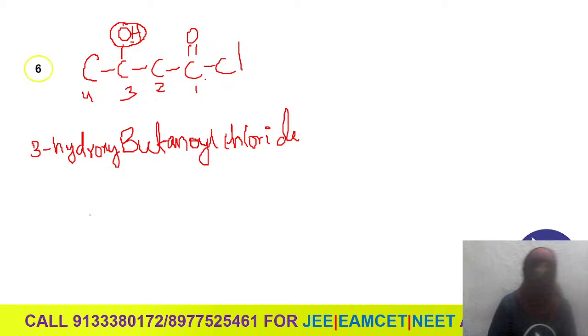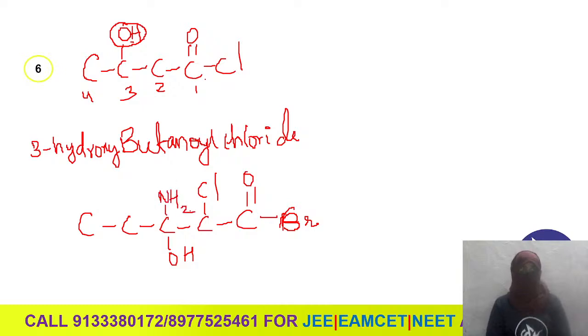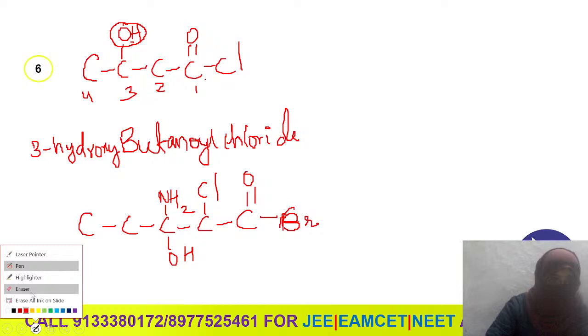Complications here come by modifying this compound by attaching many groups. Now I'll just put here bromine. So consider this chlorine came, consider this alcohol came, consider here amine also came. Now you have got 4 functional groups. Out of 4, you need to identify which one is the highest priority.